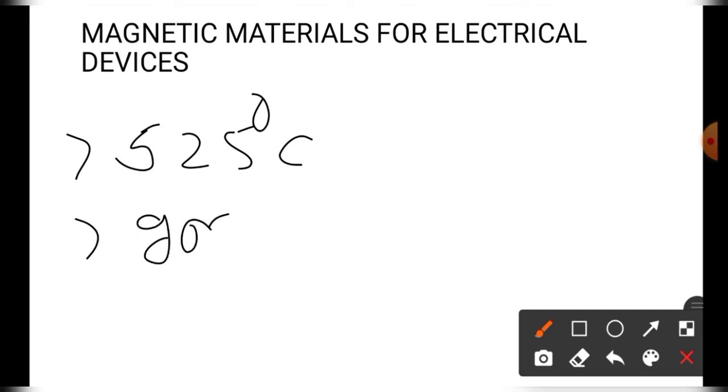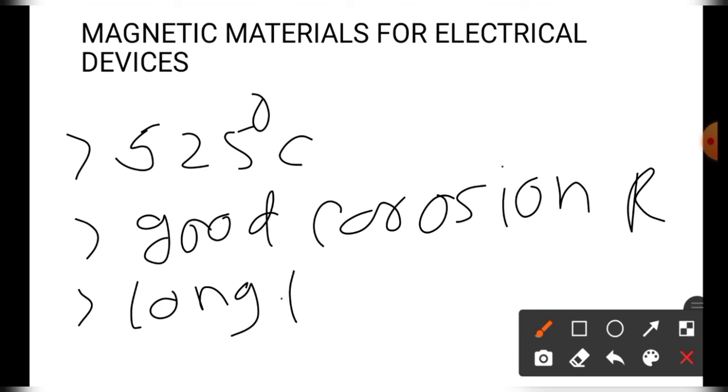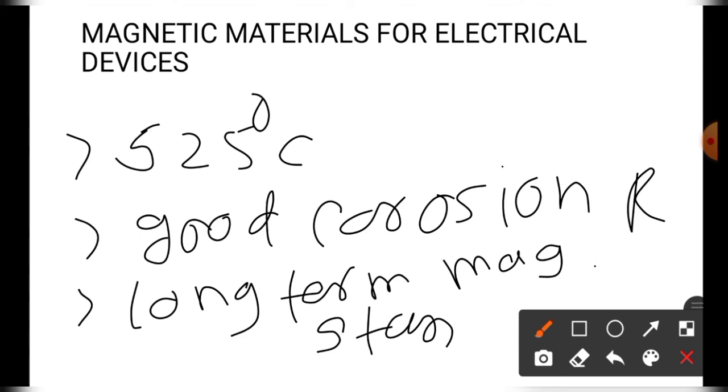It operates at 525 degrees Celsius, that is, it has high operating temperature. Second advantage is good corrosion resistance. Third is it has long-term magnetic stability. Now we will see the disadvantage of the Alnico magnet. The cost of the Alnico magnet is high.